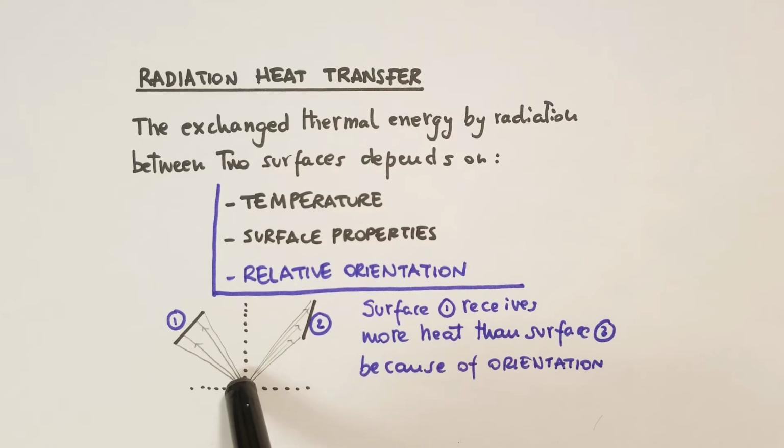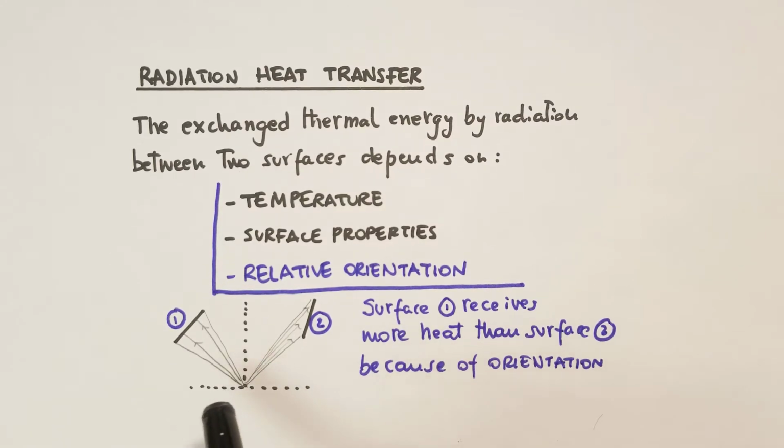So the heat transfer emitted by this surface from this point has the same intensity, but obviously more heat reaches surface 1 than surface 2 because surface 1 is in a different position with respect to surface 2. So surface 1 receives more heat from this surface than surface 2.